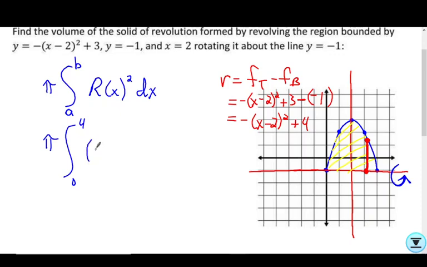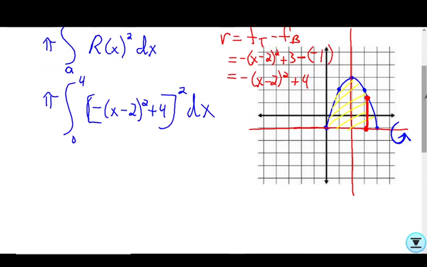My radius is -(x - 2)^2 + 4, all squared, dx. So the first thing we've got to do is simplify before I can take the antiderivative. Okay?